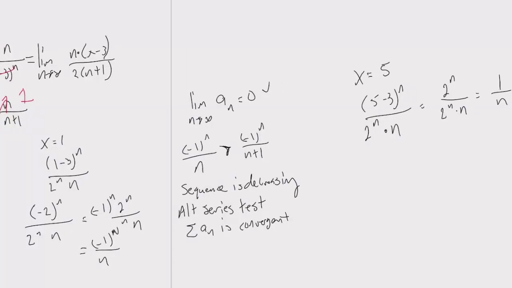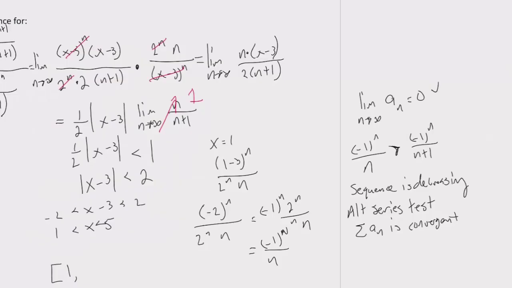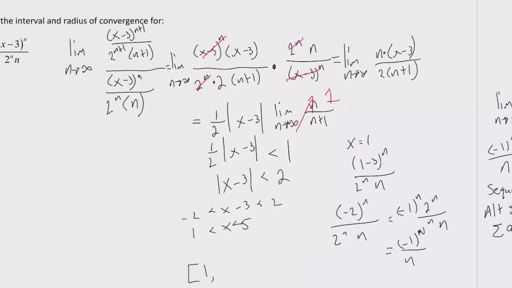And that actually is a textbook definition of a divergent harmonic series. So it is actually divergent at 5. So coming back over here, that means our interval of convergence would be a bracket on 1 and a parenthesis on 5.